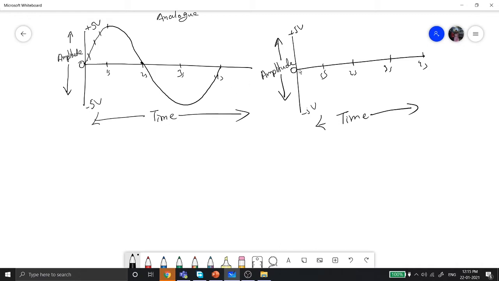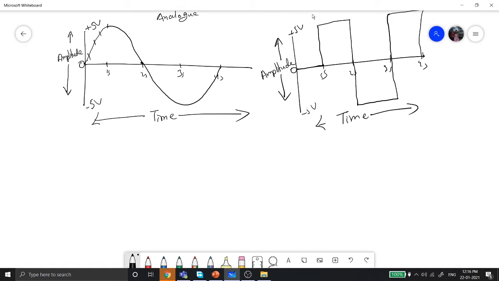From 0, at 1 second it will rise to plus 5 volt instantly, and it will carry on for 1 second, and then it will drop to 0 volt at 2 second, and in 2 second it will go to minus 5 volt. It will go on, and at 3 second it comes back. So it's like a square wave.